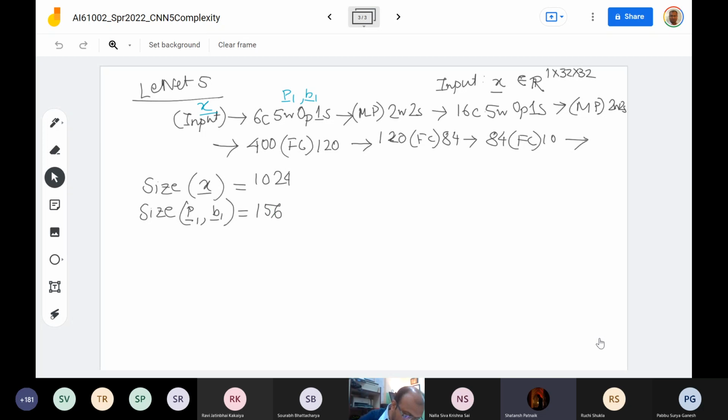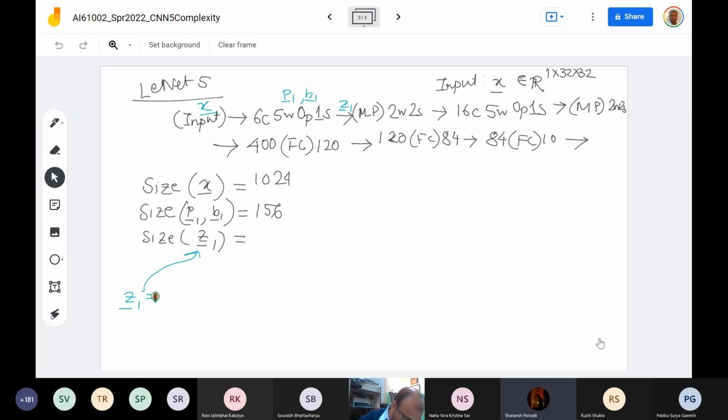Now from here I get an output which I call Z1. So what is the size of Z1 going to be? First we need to find out what this Z1 is.